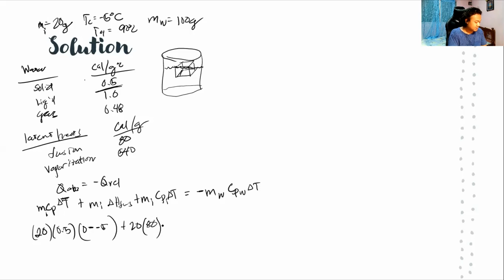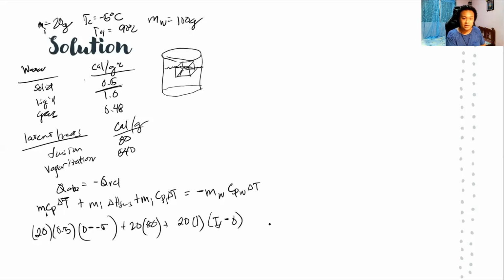Then Mi, which is also the mass of the ice, now at liquid, which retains the same mass. So multiply that by the Cp of water at liquid, which is 1. And then we don't know yet the Tf, di ba? The Tf, and the initial temperature is at 0.